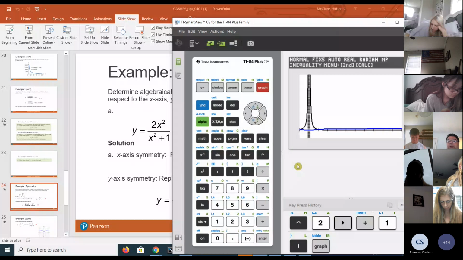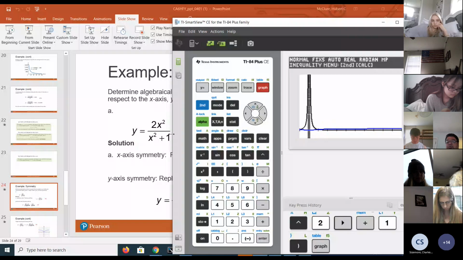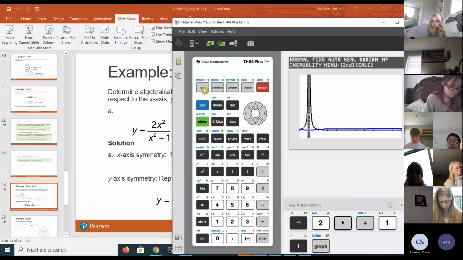Now, you see the black is, and I'm going to blow this up a little bit. The black is going up, looks like a volcano. That's what a graph looks like when you sketch x squared. So you got some motion either going up or going down. Now I'm going to delete the first one, just so now that you've seen it.